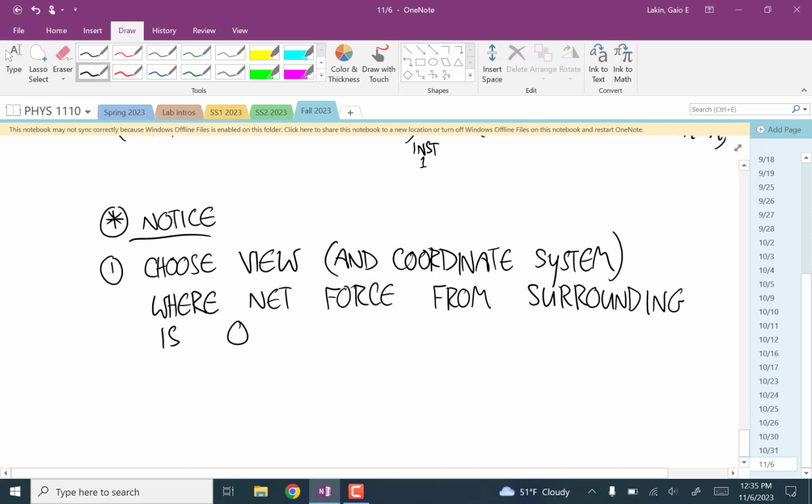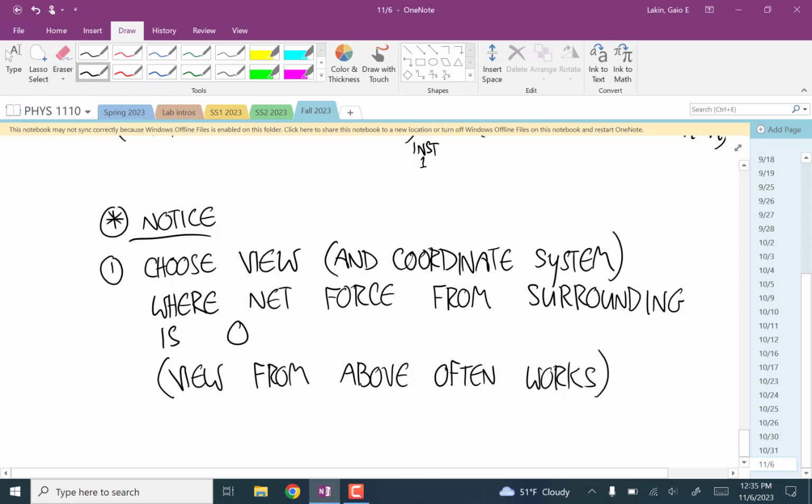Remember that a view from above often works because you don't have to worry about gravity.